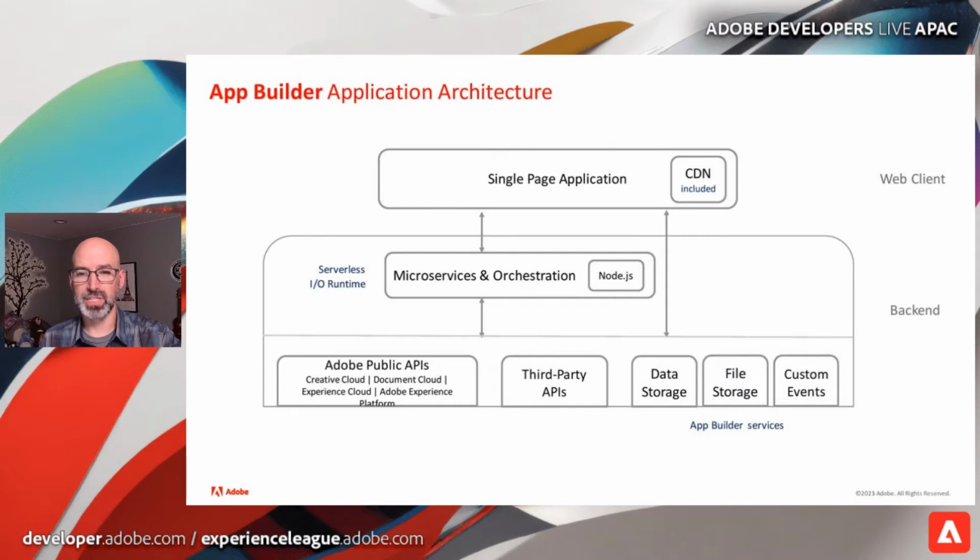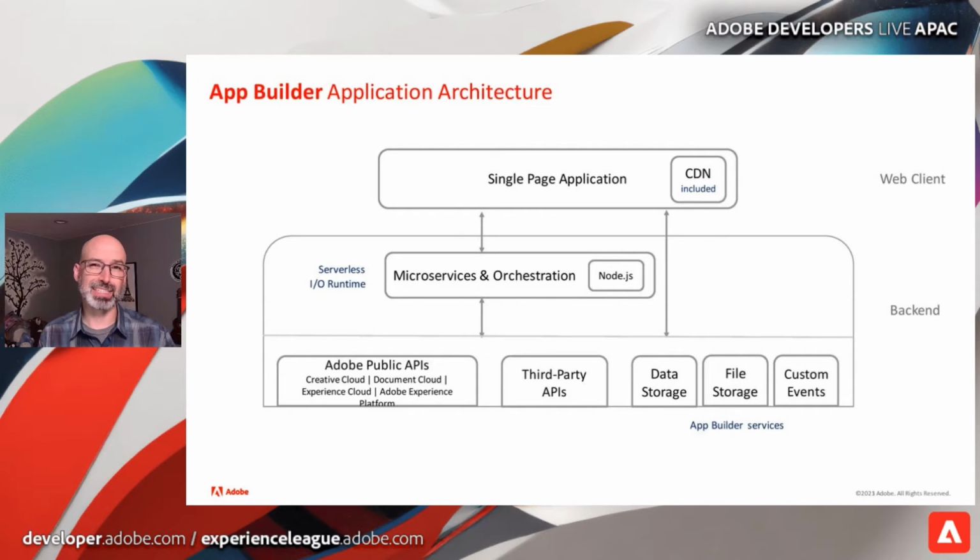Real quickly, I'll dive into a little bit of the application architecture. So it's a single page application, a web client with CDN included if you have a front end. If you don't, then the back end is all microservices and orchestration on Node.js, our serverless runtime infrastructure.